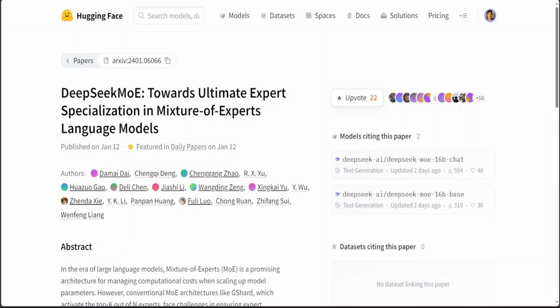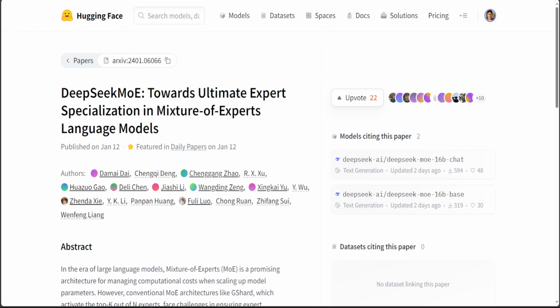As I said, it also introduces fine-grained expert segmentation and shared expert isolation to reduce expert redundancy. It has also shown quite a significant performance gain over the traditional GShard MoE architecture, such as the one used in Phixtral.